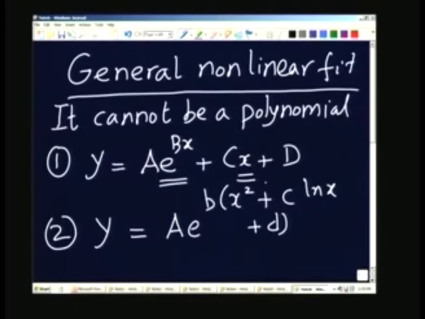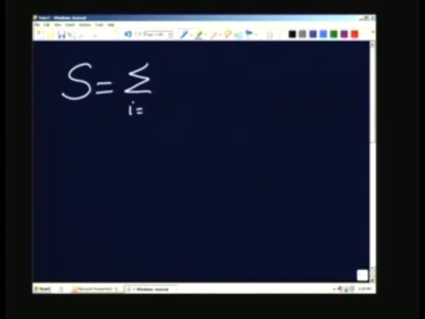It is difficult to use the method which was used in the case of polynomials. Just to develop the method, let us look at what we are trying to do. So the general problem is I have the sum of squares as usual, S equals the sum over i equal to 1 to n data of (y data minus y fit i) whole squared.